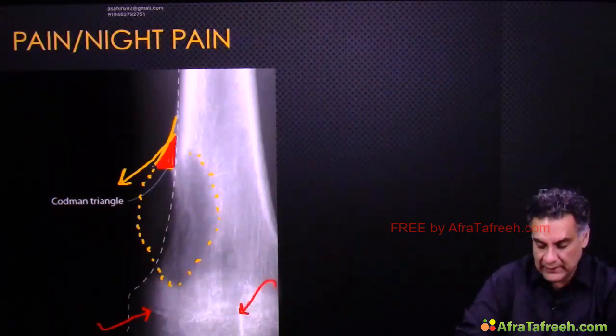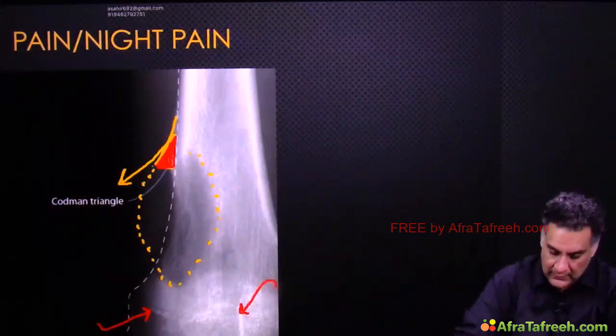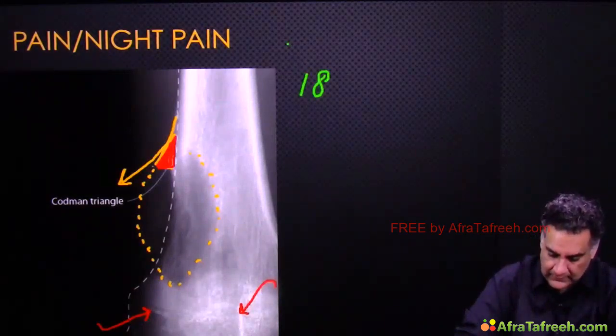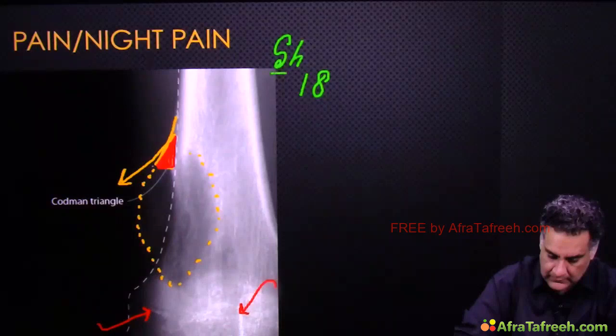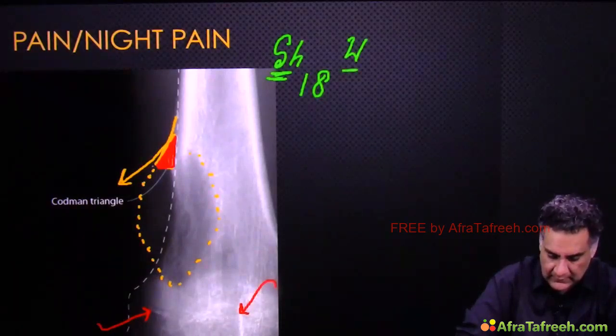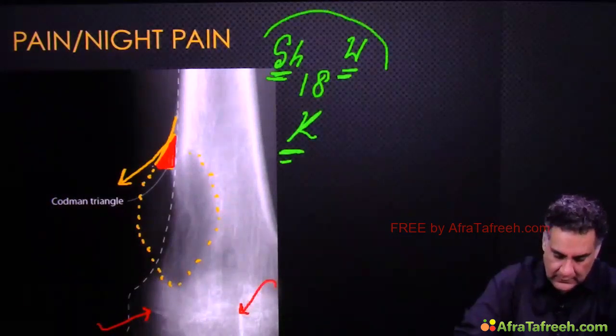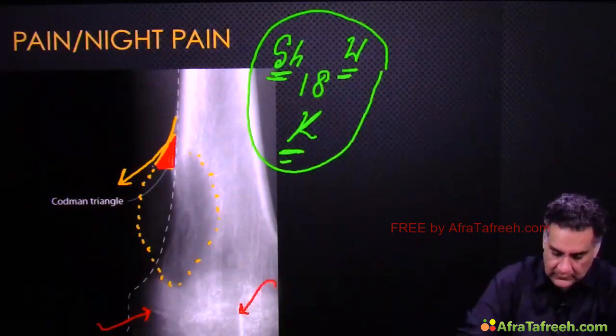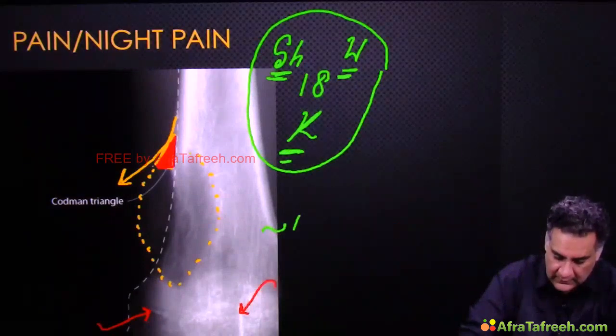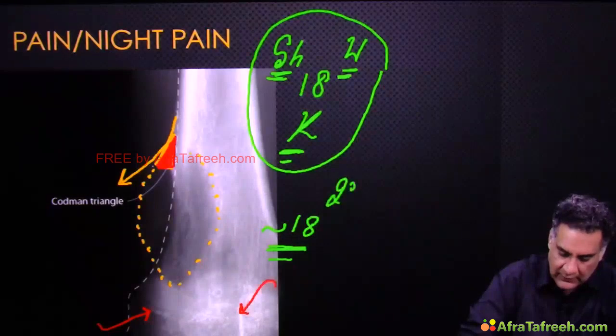If we look at the age of skeletal maturity, shoulder is 18 years, wrist is 18 years, knee is 18 years. So this must be a little less than 18 years. So this is the second decade of life.